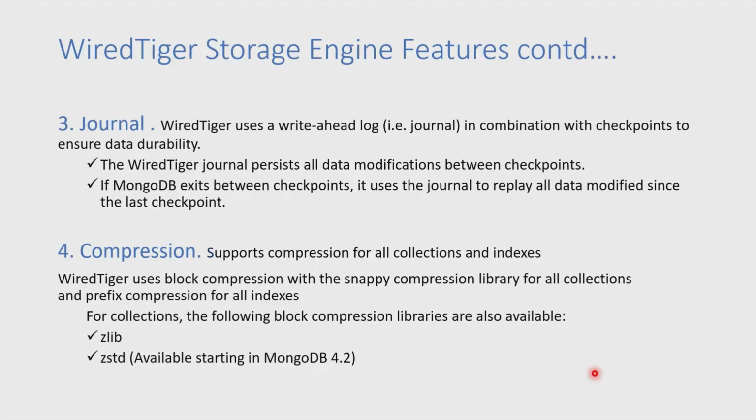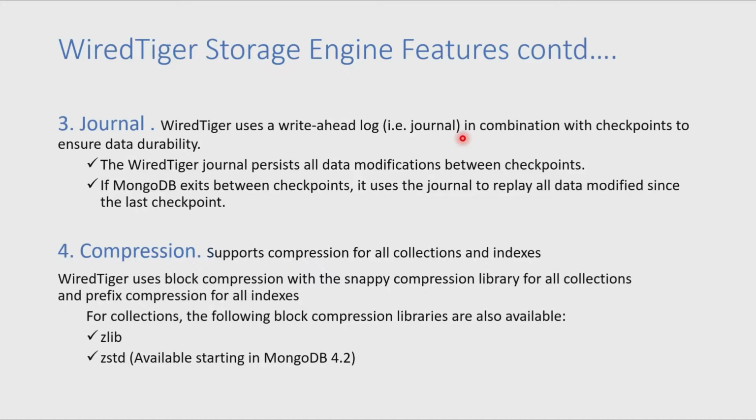So let's say at 10 a.m. a checkpoint happened on the database, so everything will be written persistently onto the disk because of the checkpointing. And between 10 a.m. and 10:05, let us assume the checkpointing is supposed to happen at 10:05. Then in between, whatever transactions are happening, they will be captured into the write ahead log, which is the journal.